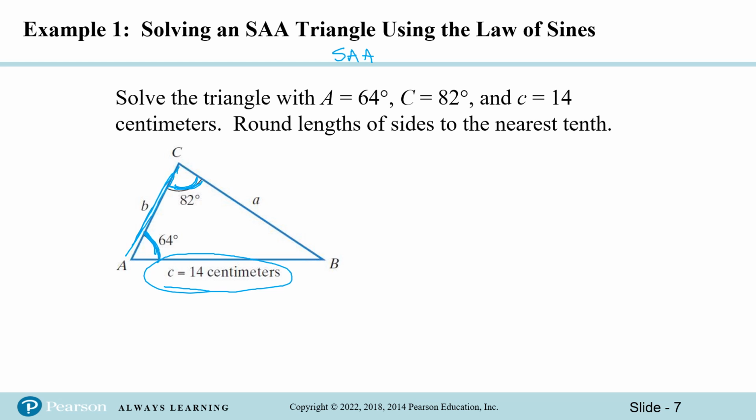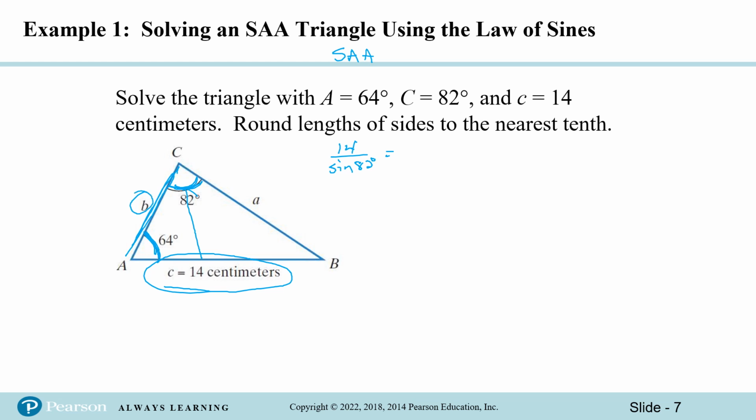Okay, so we're going to take the side that we know, which is 14, and divide it by the sine of the corresponding angle, which is going to be 82 degrees. That is in degrees. Make sure your calculator is in degrees. Okay, and that's going to equal either of the other two sides.